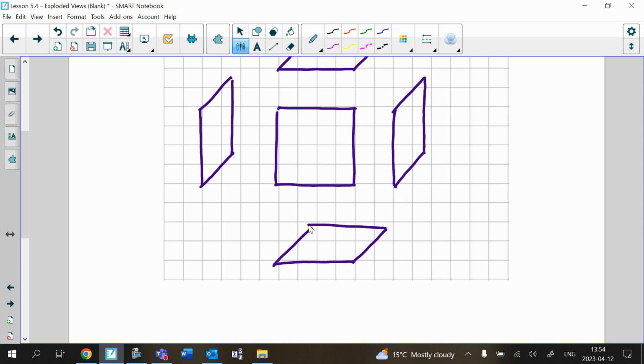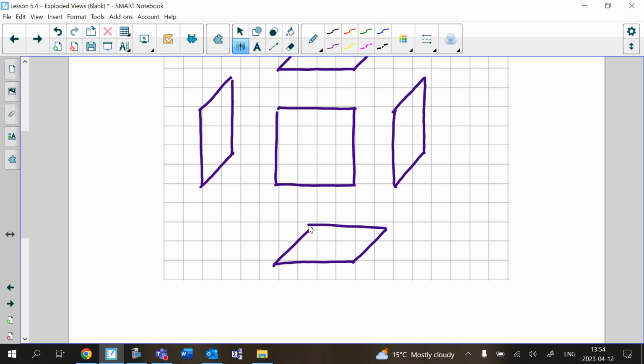There's only one that I'm missing, and that's the back. How do I draw that? I think no matter what I do, part of that back is going to be hidden. So let's say we draw it here. The top will start here.